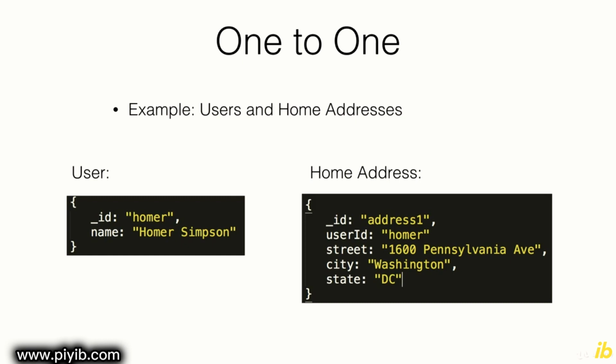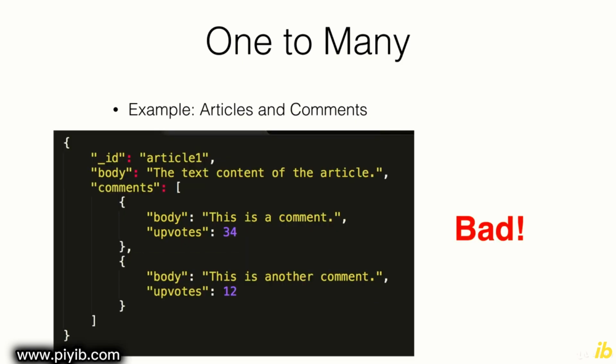So here in the address, I've defined user ID is Homer, and that links this address to this user. So if I, for example, was looking at this user and I want to find his address, I would do db.addresses.find where user ID is equal to Homer. So that's pretty straightforward, and you don't need to overthink one-to-one relationships.